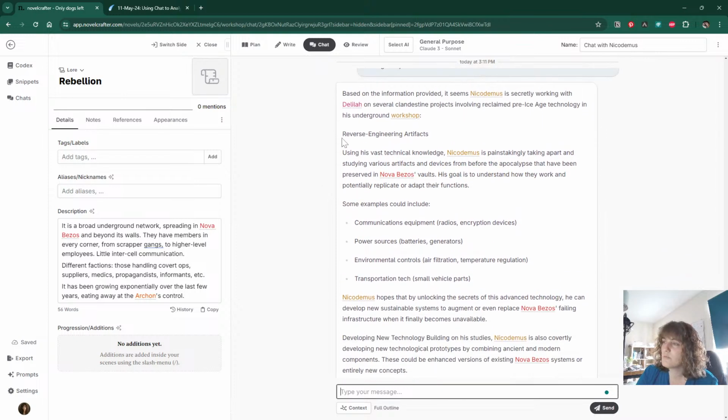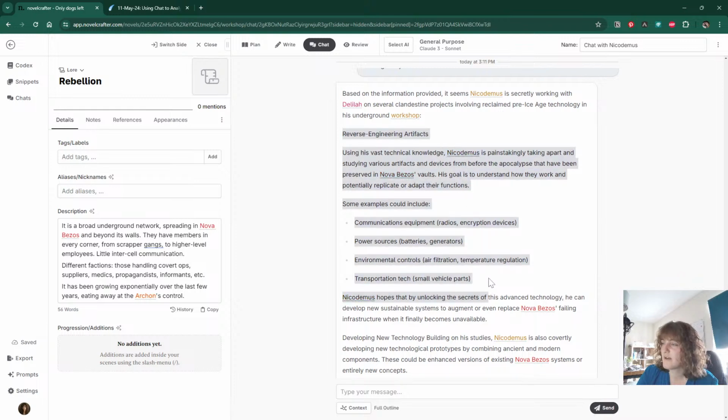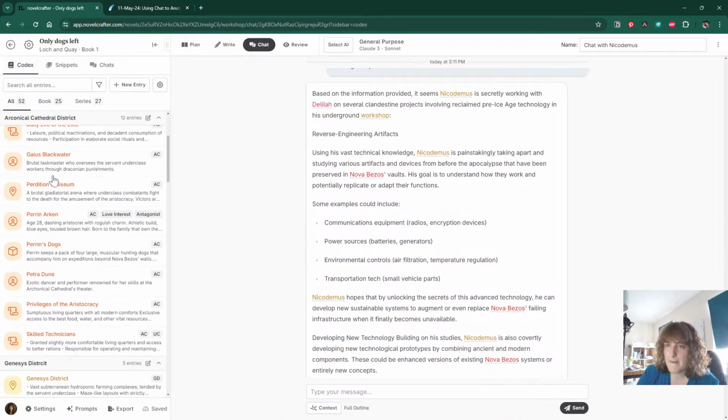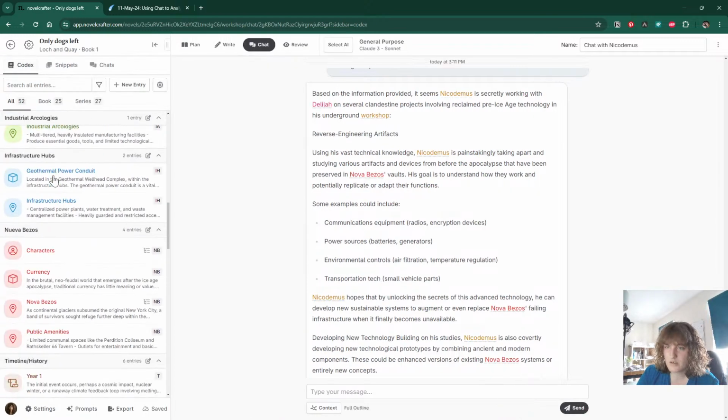Oh, I like the idea of them reverse engineering artifacts.